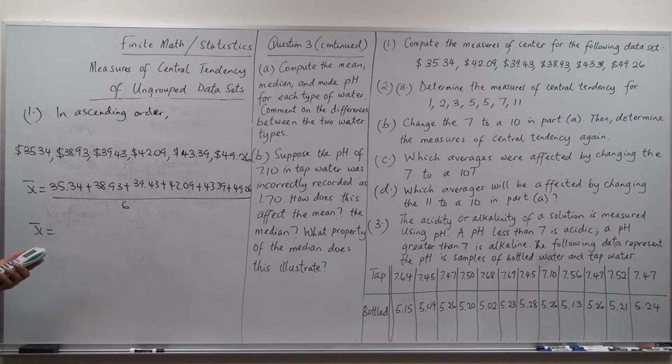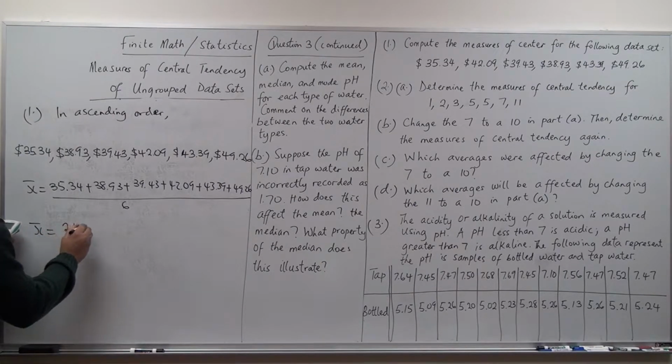35.34 plus 38.93 plus 39.43 plus 42.09 plus 43.39 plus 49.26. So it gave me 248.44 over 6.